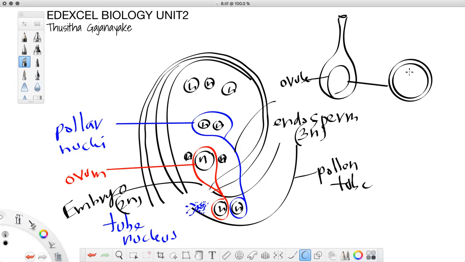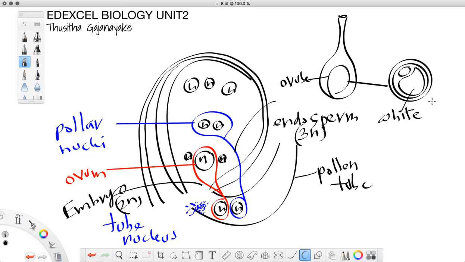And inside we can see an embryo and also the endosperm. Endosperm is the white colored part you can see in a seed.